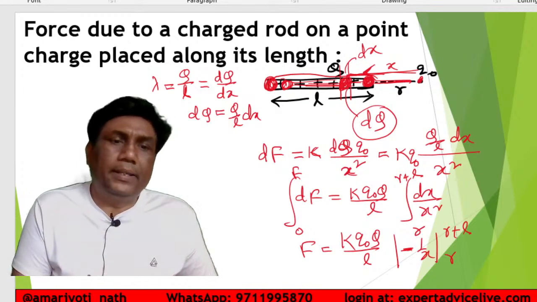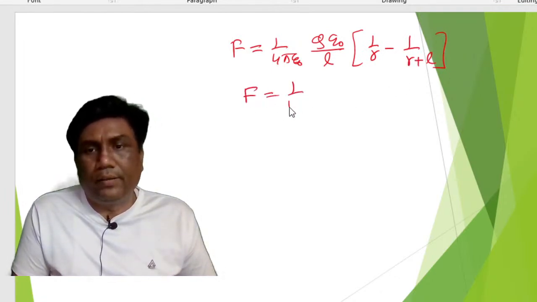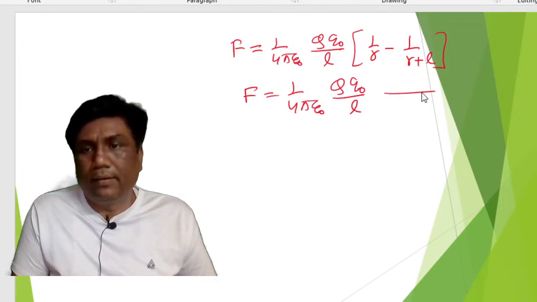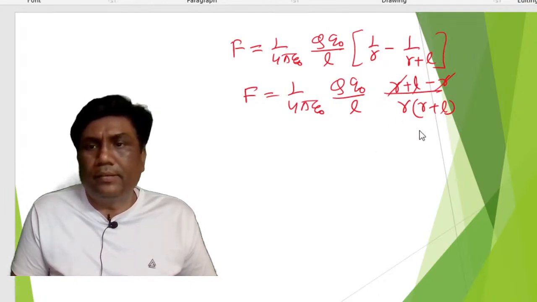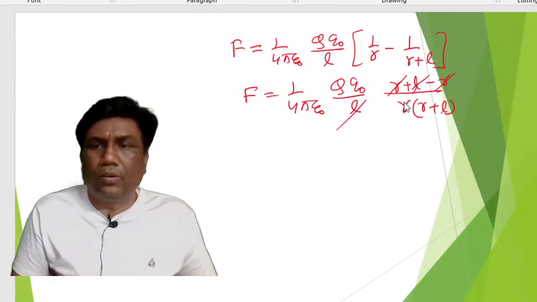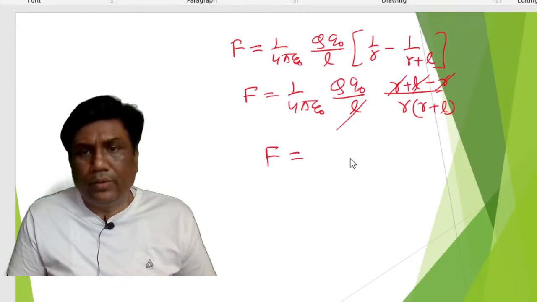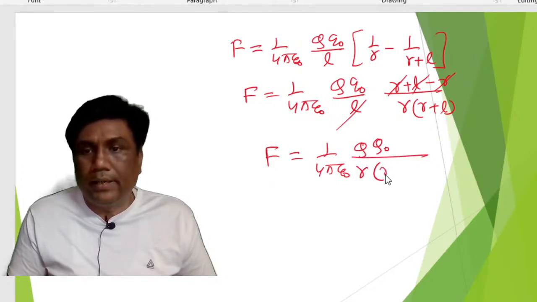So 1 by r minus 1 by r plus L. So F is equal to 1 by 4 pi epsilon naught, Q naught Q by L, into (r plus L minus r) upon r into r plus L. The r got cancelled, and the L also got cancelled, because in the numerator only one L will be left. So finally you are going to get the expression F equals 1 by 4 pi epsilon naught, Q naught Q by r into r plus L.